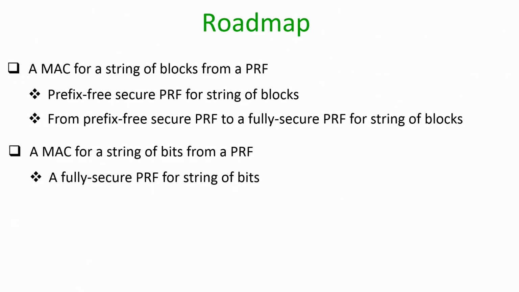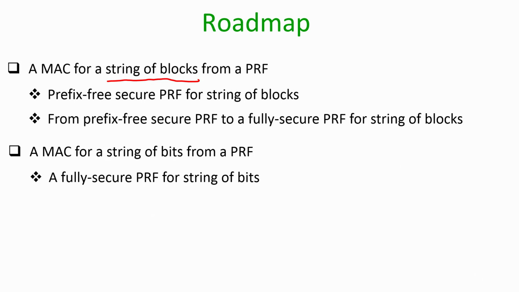So, in this lecture we will continue the discussion on message authentication codes, and we will discuss how to construct message authentication codes for arbitrary bit strings. We will begin with discussing how to construct message authentication code for string of blocks, and this will be done in two stages.